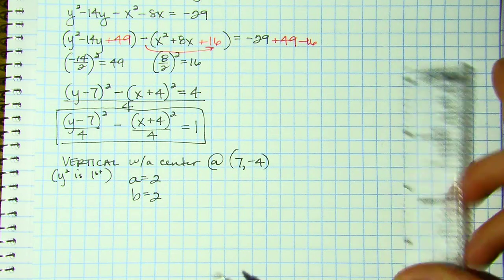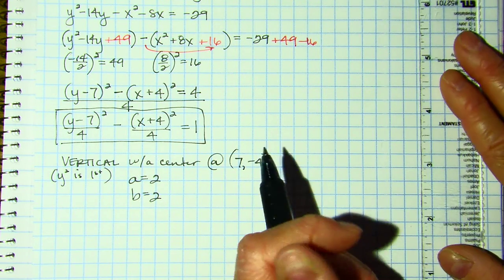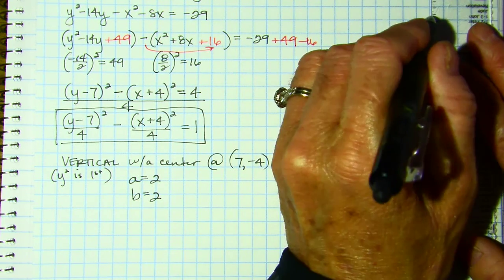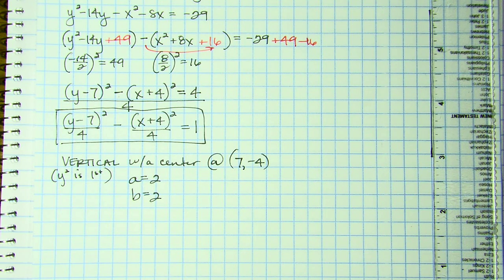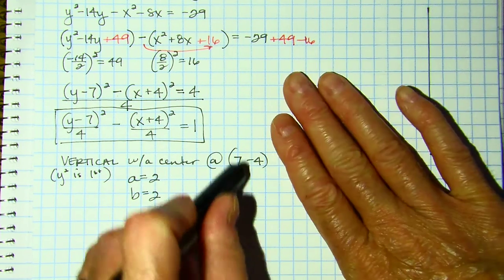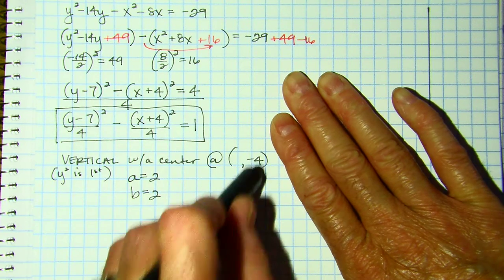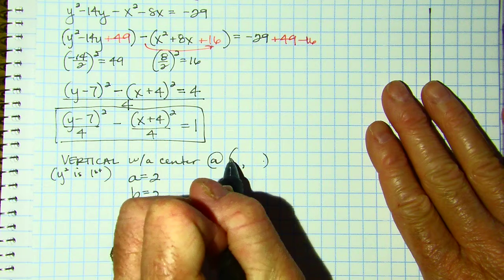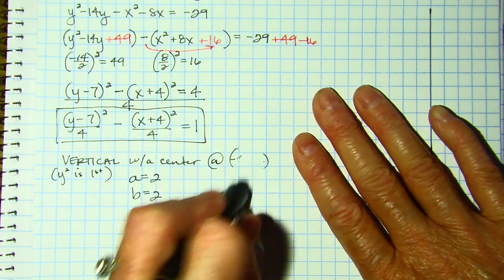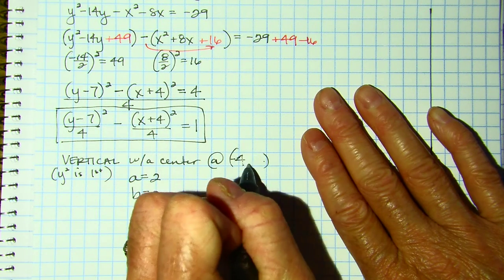All right, so let's make room for my center, right? Because it's at 7, negative. Oh, I listed the y value first. X value is negative 4 and positive 7.